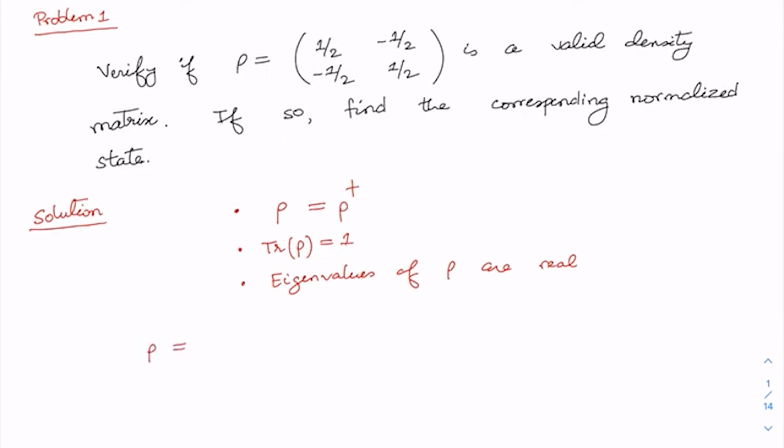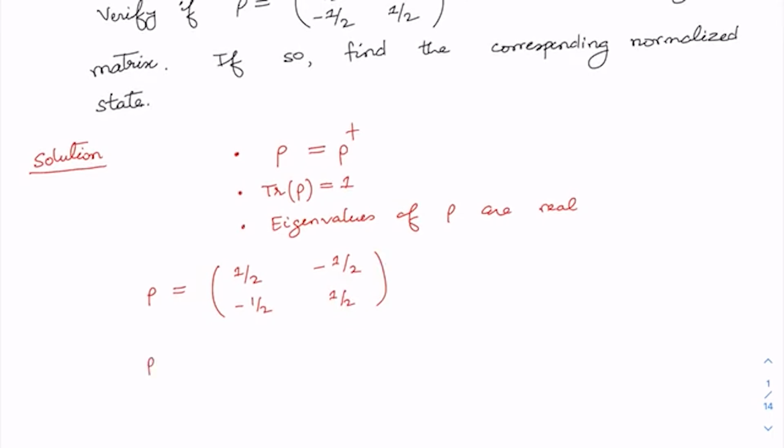As I see that the elements here are real, finding rho dagger is trivial because we have to first take the complex conjugate and then take the transpose, and the complex conjugate would be the same.